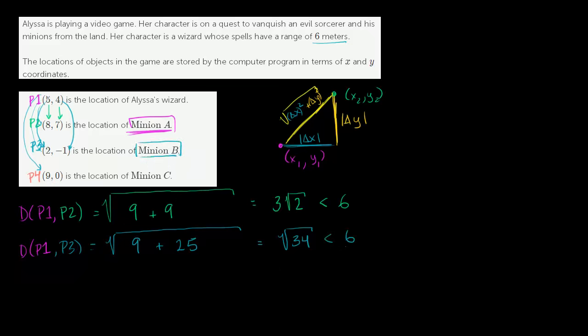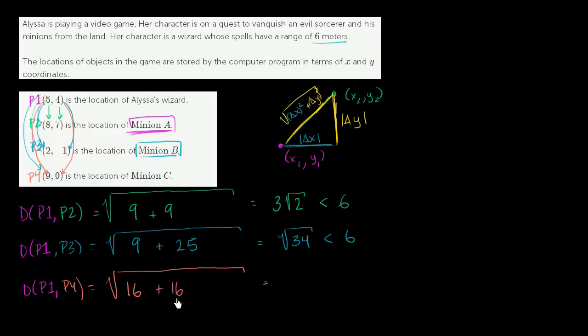Now let's think about this last point, the distance between P1 and P4 is going to be equal to the square root of our change in x squared. Change in x is 4, squared is 16, plus our change in y squared. Our change in y is -4, but you square that, you get another 16.